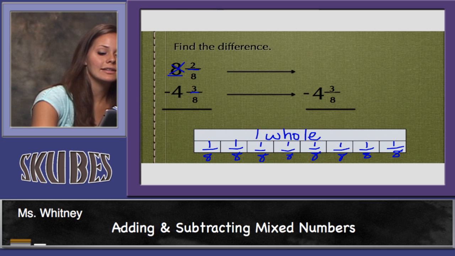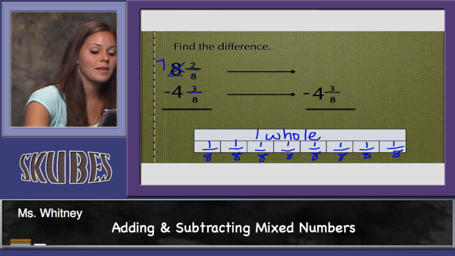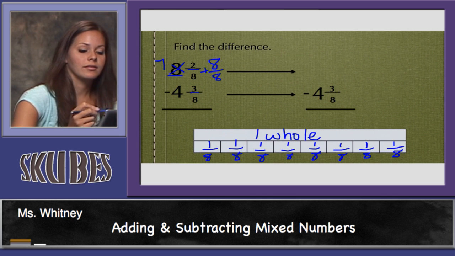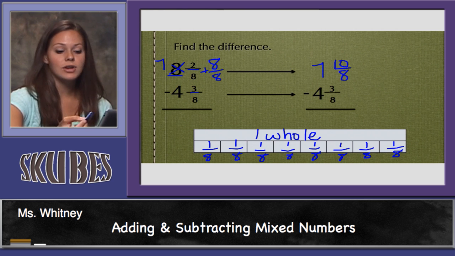I'm going to make my 8 a 7 and give my 8 eighths to the fraction. That leaves me with 7 and 10 eighths. Now I can subtract.